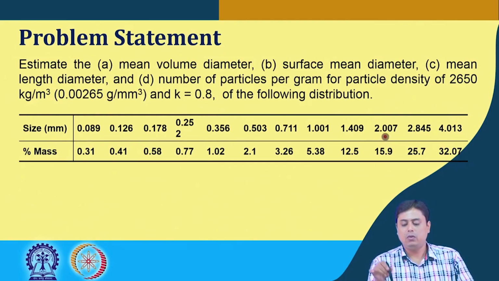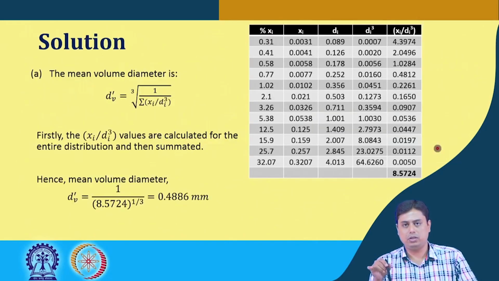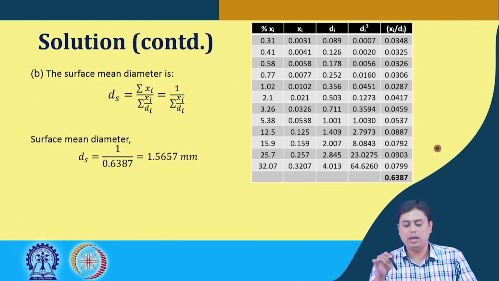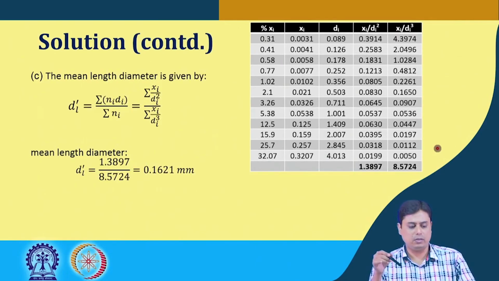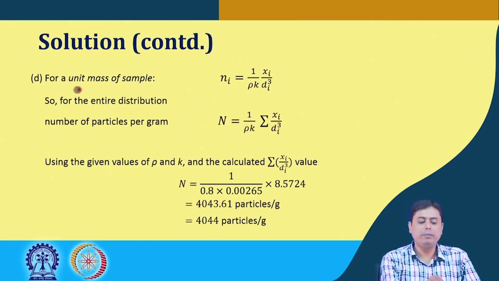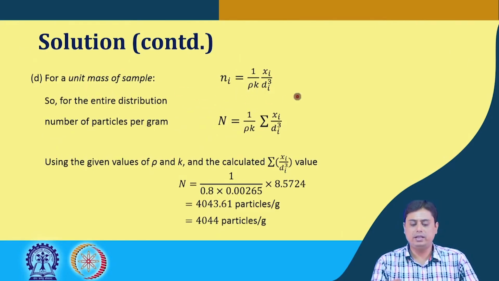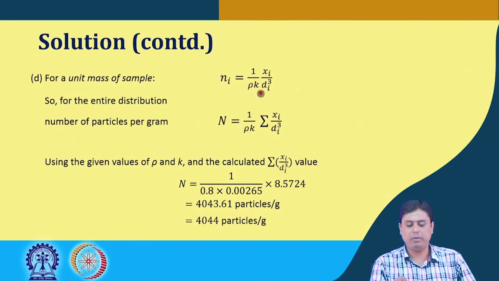That means again we are linking this mass distribution with the total number distribution. If you remember this expression, for unit mass of sample this is the relation between n and x, where rho is the density and k is the shape dependent factor, which is 0.8 here.